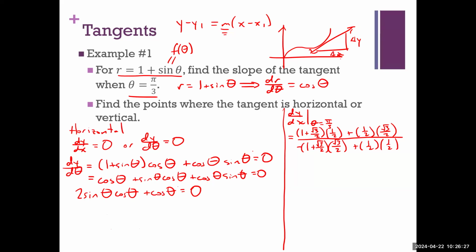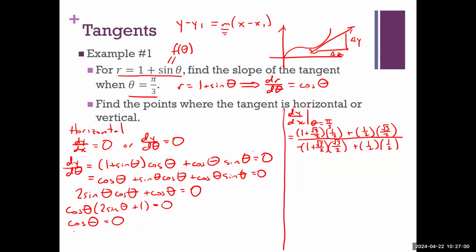Is that an equation we can solve? I think it needs some more manipulation. Any ideas on how we can factor out a cosine? And that leaves us what? Two sine of theta plus 1 equals 0. So basically we can break these apart into two equations.